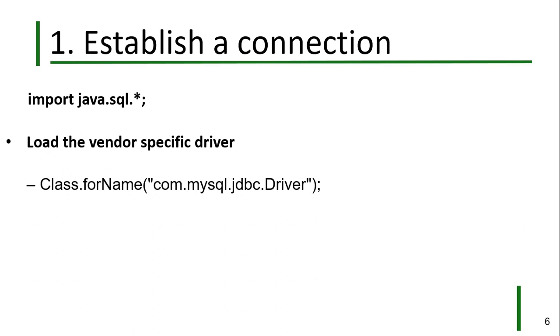The SQL package we get in the parent package java, so we write the line import java.sql.*. All the classes that are required for us to deal with the database connection and all the operations with the database will be imported, and now we can use those classes in a program.